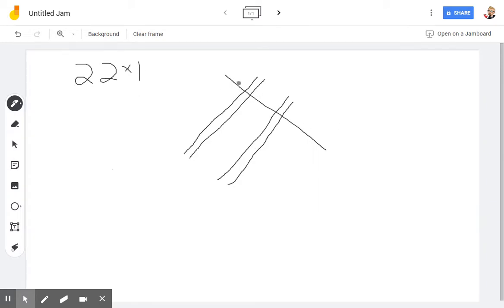And now we don't just count up. Here's one of the secrets in how this works: we don't just count up all the places they cross. We don't say 1, 2, 3, 4. And that would be wrong, right? 4 would be wrong. We count the places.